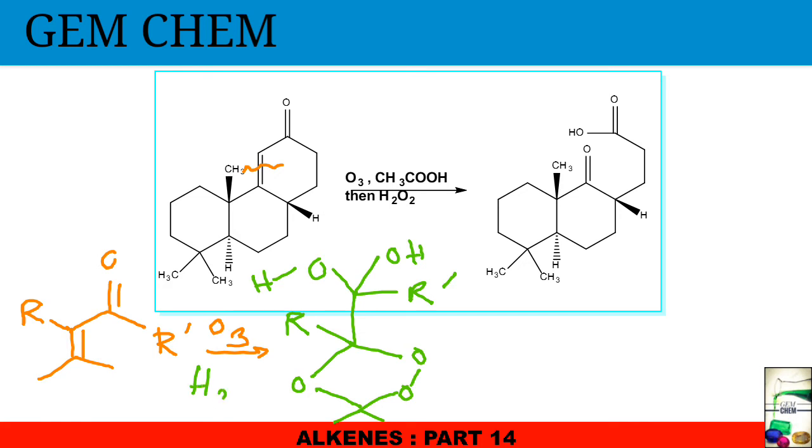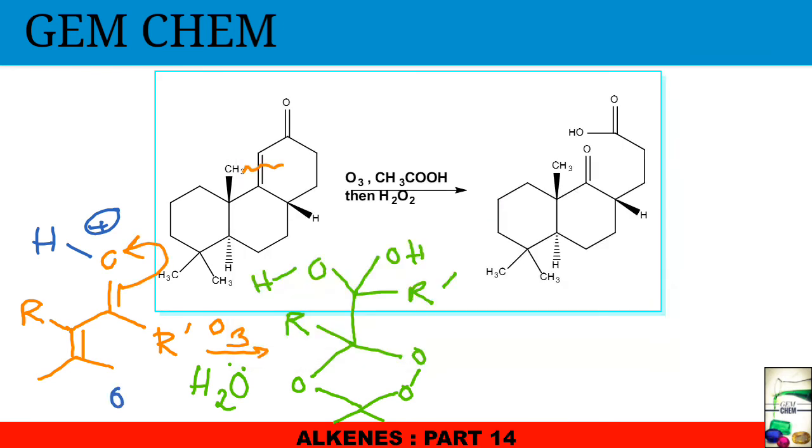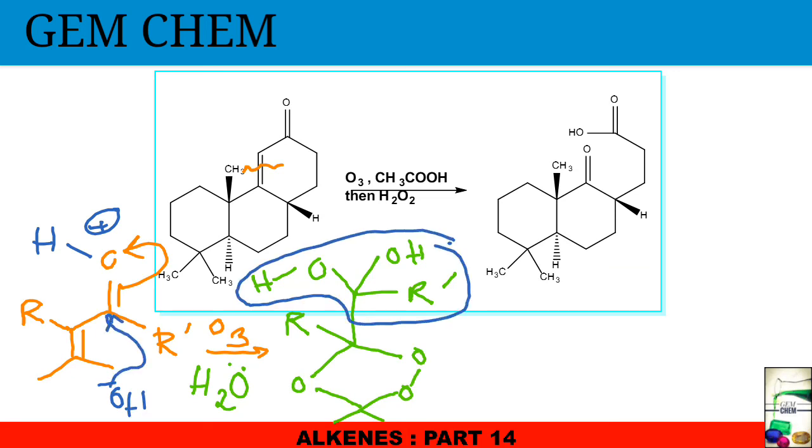This OH means that here first water gives a proton here, right, and then this bond opens up. Ultimately the OH minus present here attacks here, so we get this part from that, right.